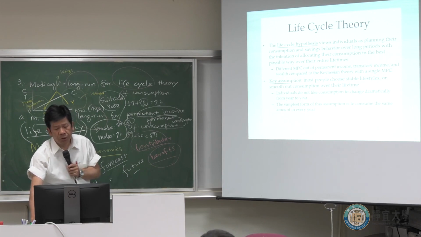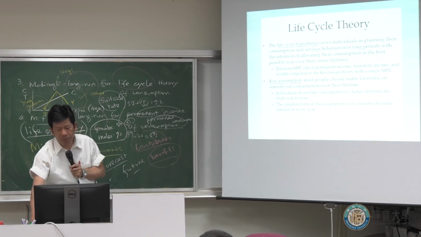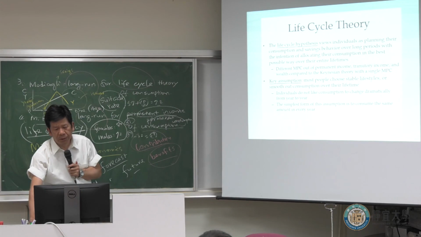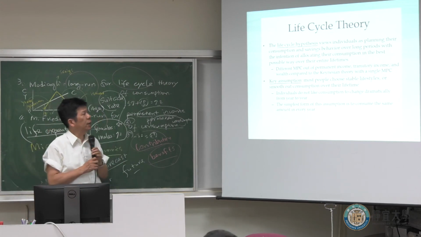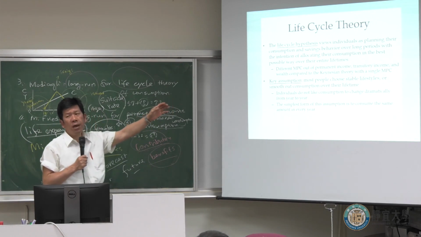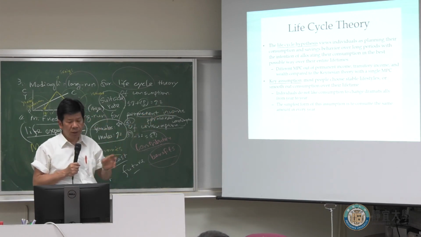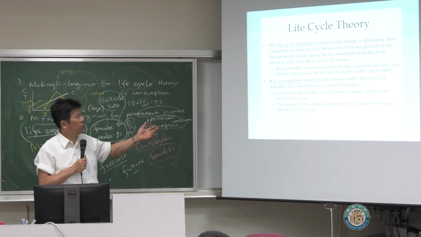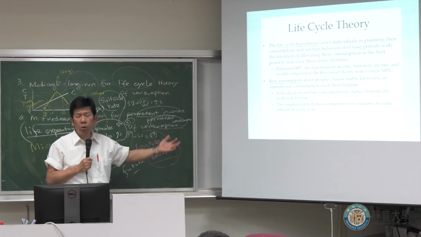Okay, so the different MPC out of the permanent income and transitory income, compared to the Keynes theory. I just try to mention the Keynes theory is actually for the short run, and the life cycle or the permanent income theories concern the long run.